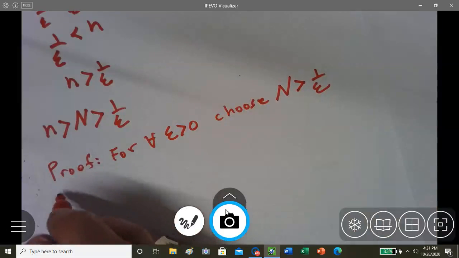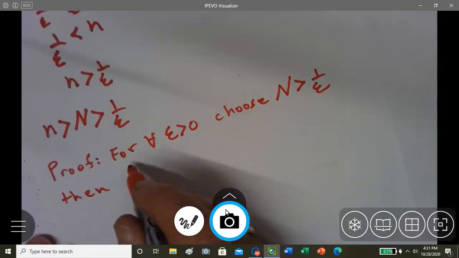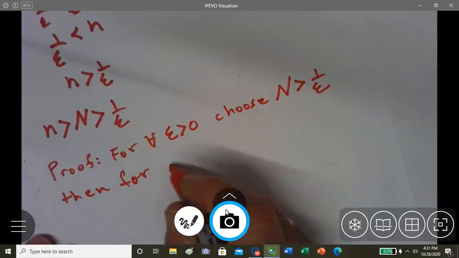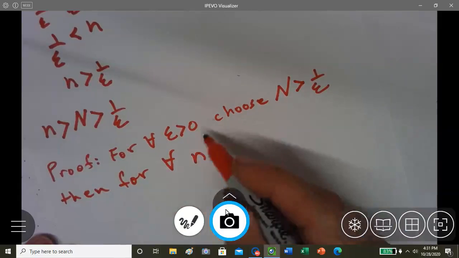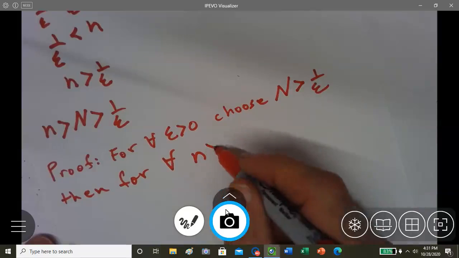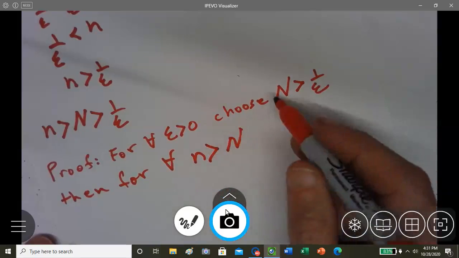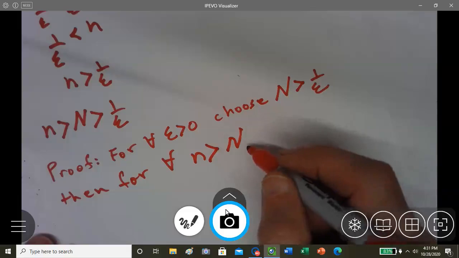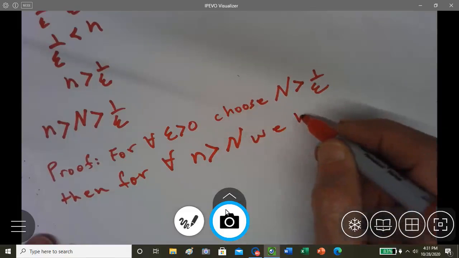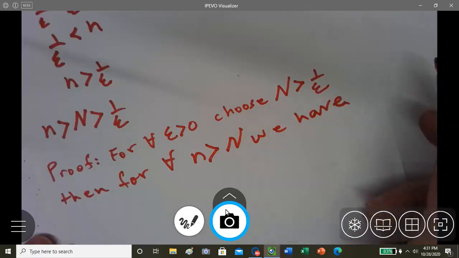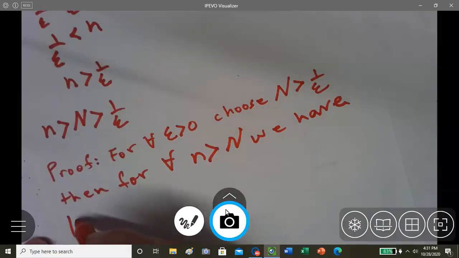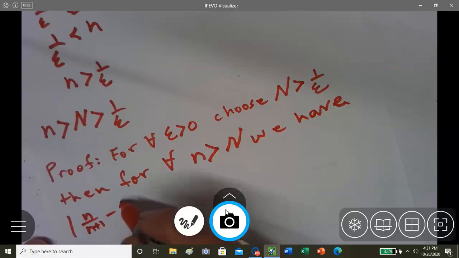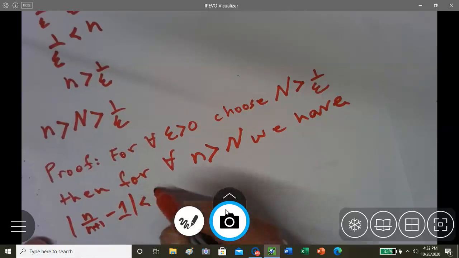Then for all sequence n greater than our boundary uppercase N, we have the absolute value of n over n plus 1 minus 1 is less than epsilon.